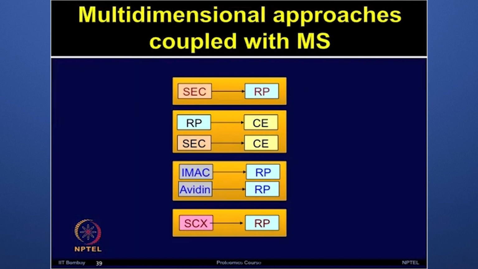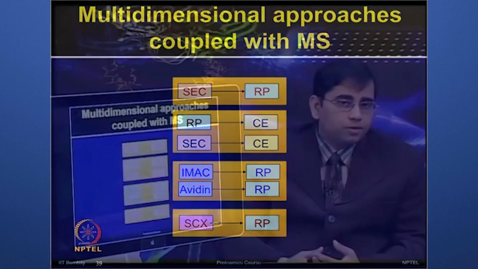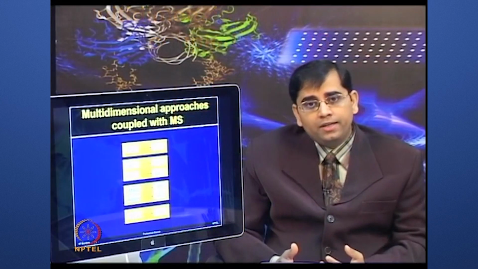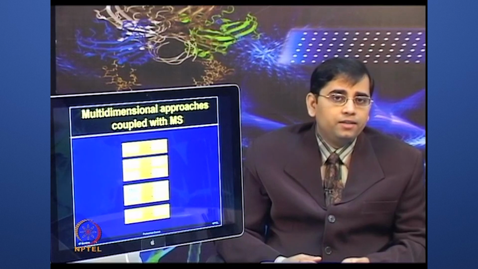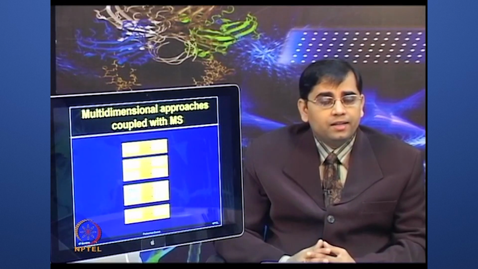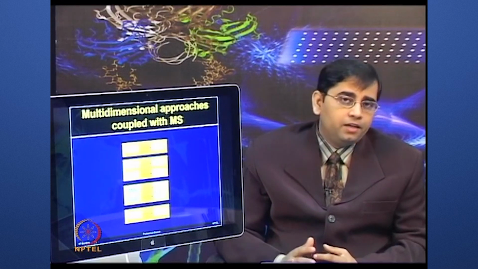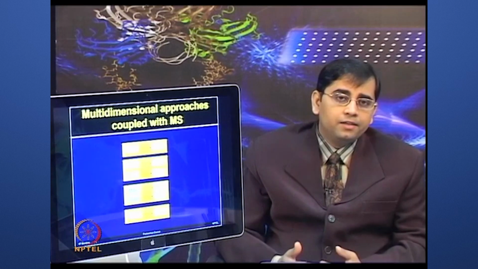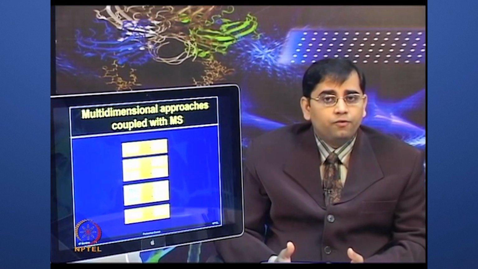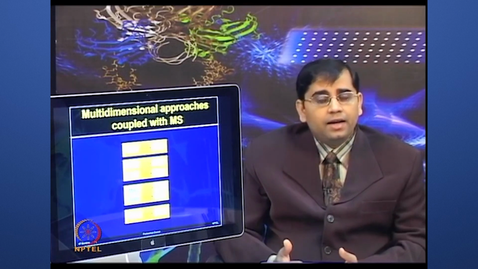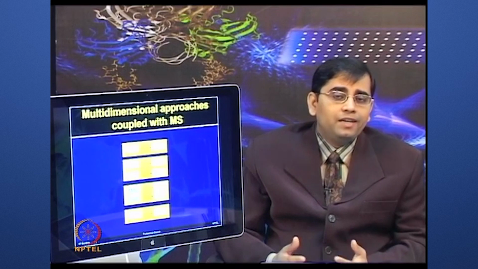A third combination, using affinity chromatography as the first separation followed by reverse phase, has been used, but what is most popular is strong cation exchange separation in the first dimension followed by reverse phase chromatography in the second dimension. That has resulted in the best result for separating the peptides, and it has been used for various proteomic analyses.